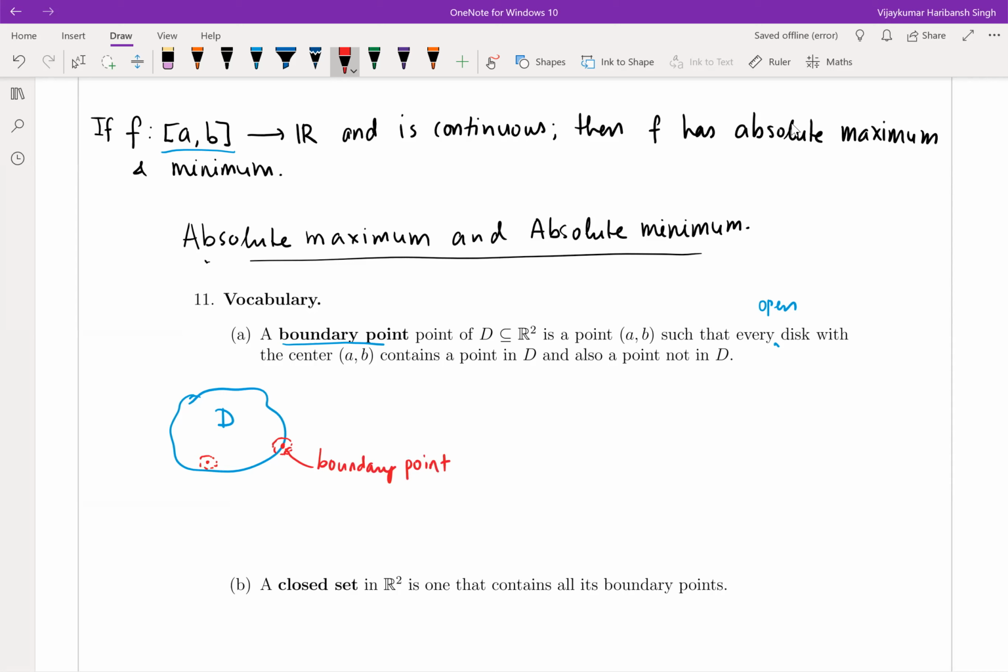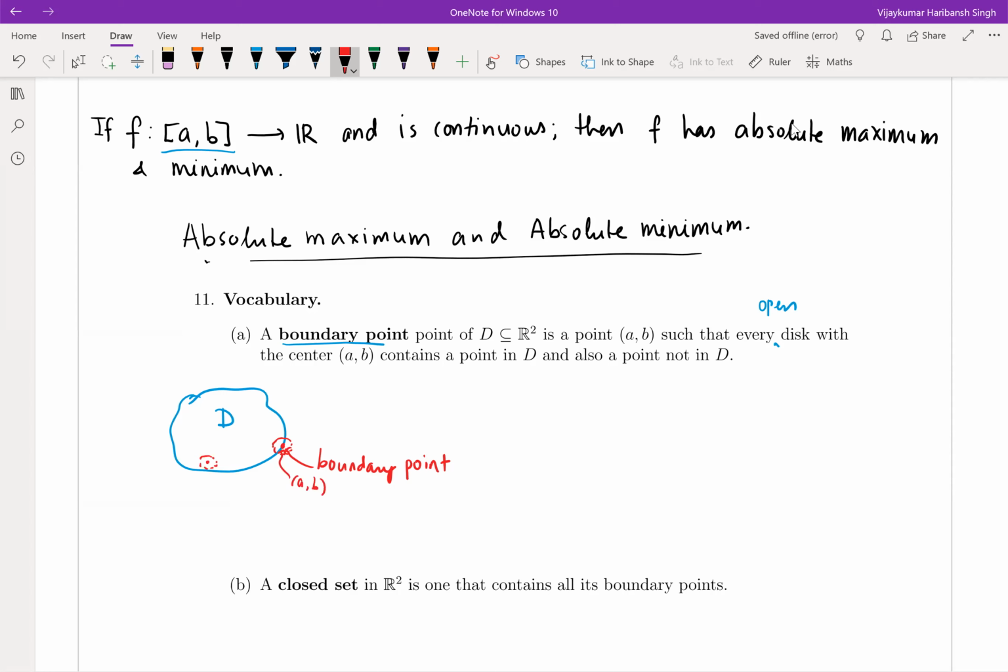It gels well with our idea of the boundary, right? So what you do is you draw a disk around (a, b).